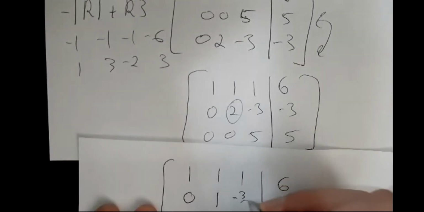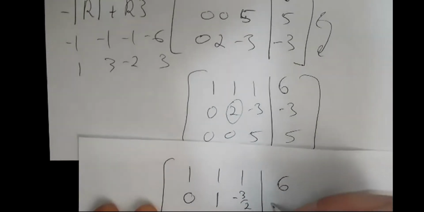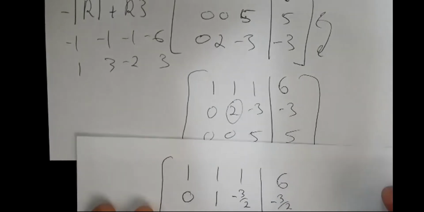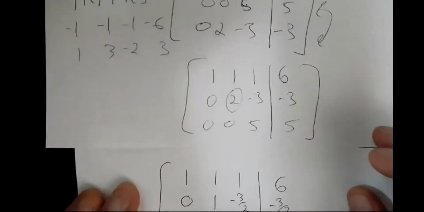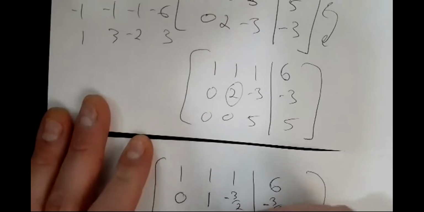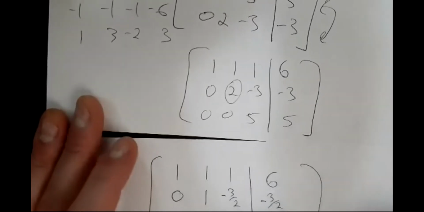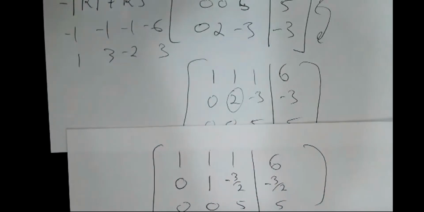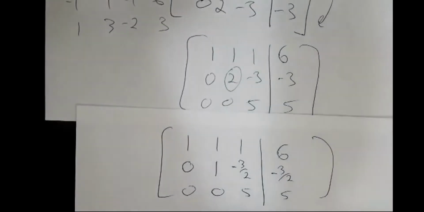I divide 3 by 2, it's going to be -3/2. And I think there might be one last step in this thing. I got my 1, I got my 0s, I got my 1, I got my 0s. The last thing.